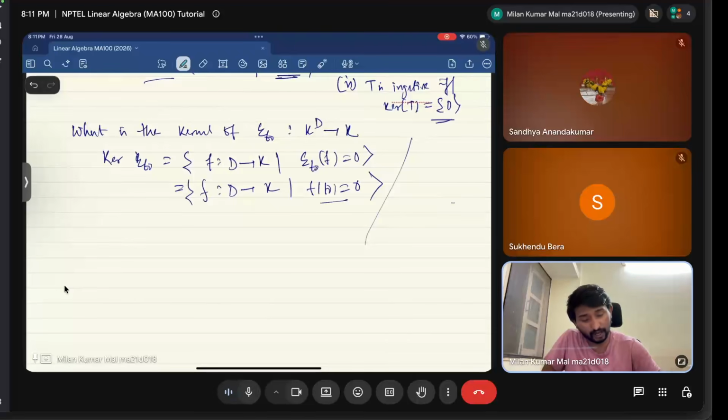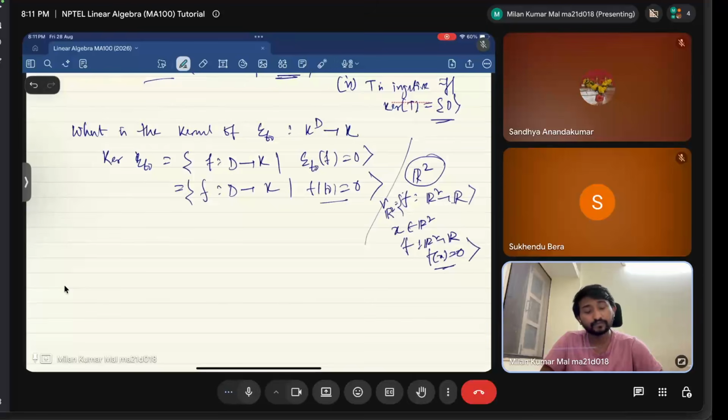Let's take the vector space R2. This is something different from the question. I'm coming back to the question once again, but let's be here. We have the vector space R2, and we are taking the space of all functions from R2 to R2, call it V2. Then if we fix a vector x belonging to R2, the collection of all functions from R2 to R2 which vanish at the point 0 is a subspace.